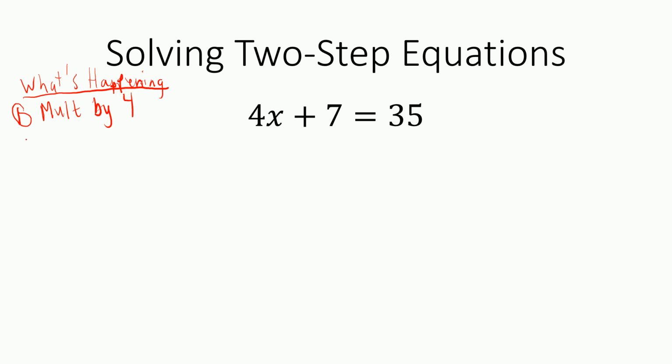Then after that, we're adding 7. Okay, and we know that's right because if we did the order of operations, we would plug in a number for x, multiply by 4, then add 7. And whatever value x is, it ends up being 35 after I've done those two things.